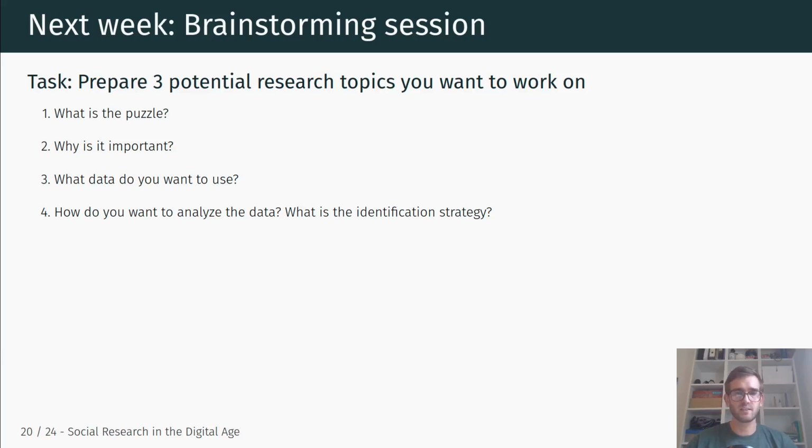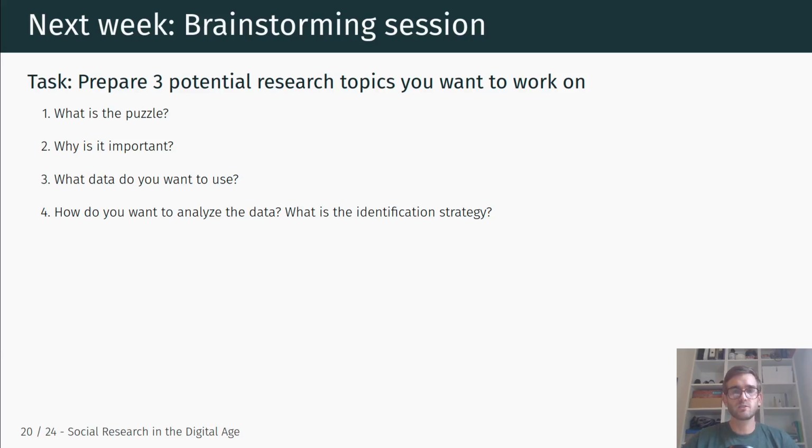So the idea is that in our next Q&A session, we will each take turns and present 3 potential topics. They don't have to be perfect. You don't have to have perfect answers to those 4 questions for each of those 3 potential research topics.